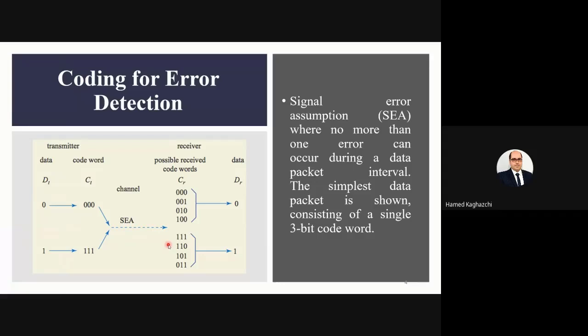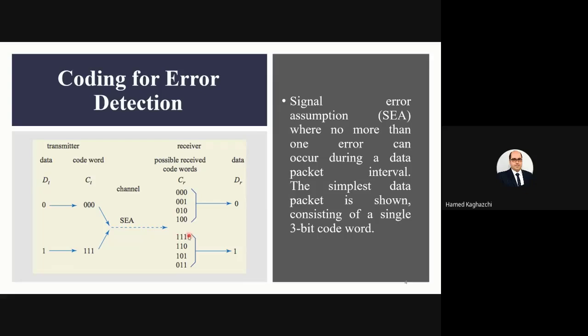So again, because I know that I have a single error, if I look at here, I can find that each of these can be considered as 1, because the majority of bits for each 3 bits is 1.